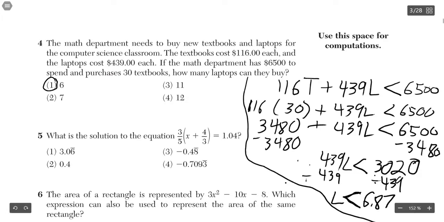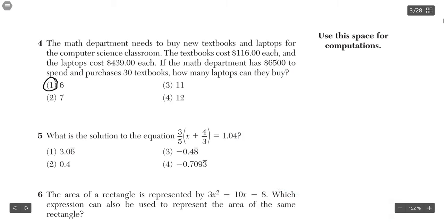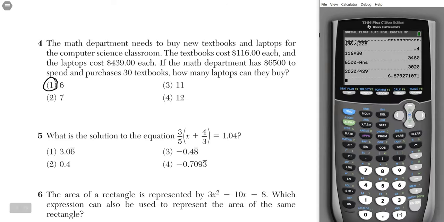realizing that, okay, they have $6,500 to spend, and how much of it did they spend on laptops? They spent 439. How much of it did they spend on textbooks? 116 times 30.